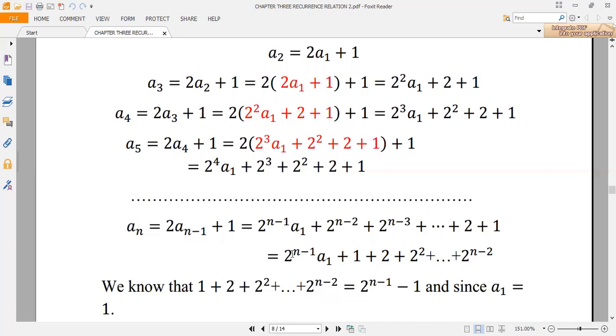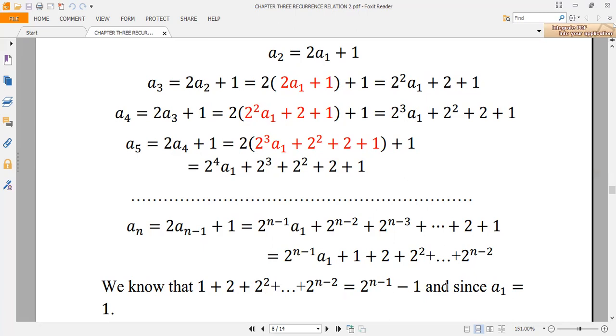We can write this as 2 to the power of n minus 1 a1 plus (1 plus 2 plus 2 squared plus up to 2 to the power of n minus 2). And we know that 1 plus 2 plus 2 squared plus up to 2 to the power of n minus 2 equals 2 to the power of n minus 1, minus 1, from basic mathematics for freshman university students.